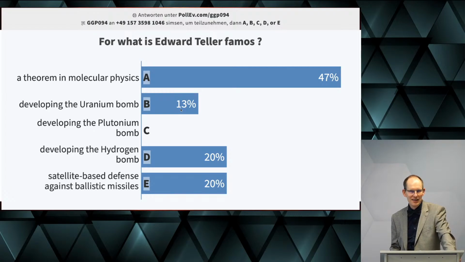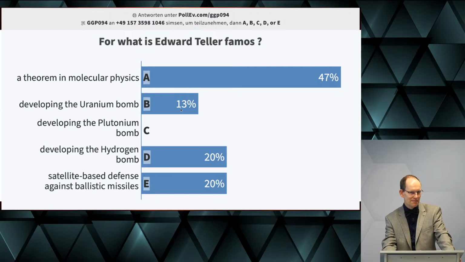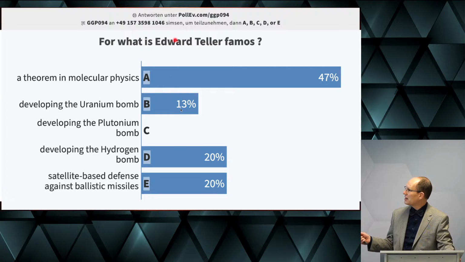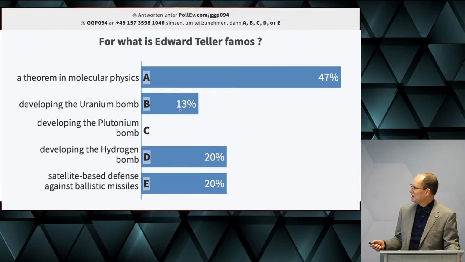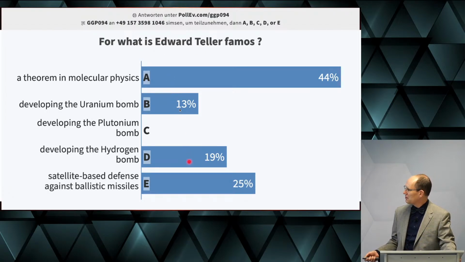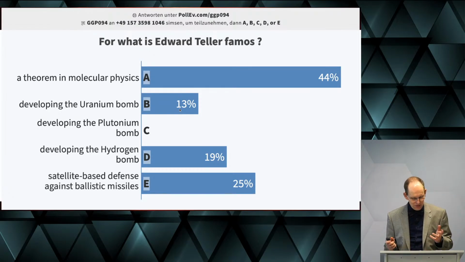What the US wanted to realize at that time was a satellite-based defense against ballistic missiles. And Edward Teller was a big supporter of that. And, again, he promised too much. In particular, he didn't have a good idea on how to put it into reality as he had for the hydrogen bomb. And the reason may be that it's not really possible. So he was also a controversial figure at that time.